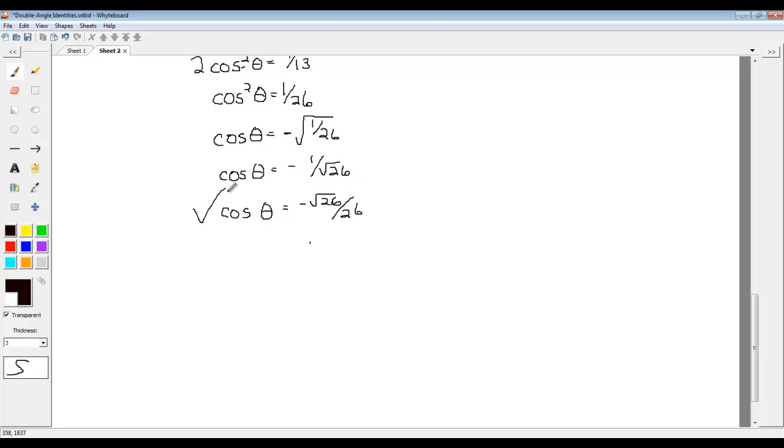So there's another one of our trig functions. And then secant theta is the reciprocal of that. So we're going to have negative square root of 26.